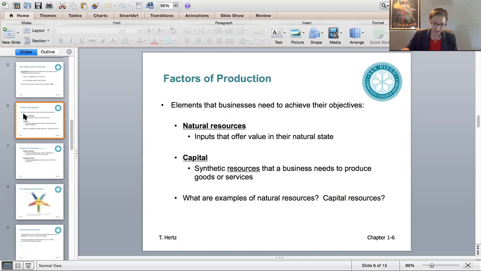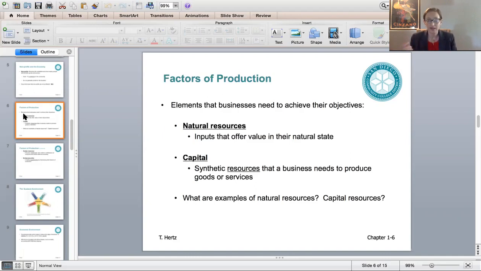Capital resources include things like machines, tools, business information, technology. Now, one thing I want to say, because this gets confusing for people: when we say capital, you're thinking money, right? So capital resources do not include money or any sort of capital assets when we're talking about factors of production.